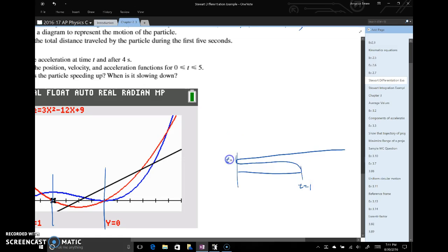This is t equals 3 seconds. This is t equals 0 seconds. Now, the particle moved in one dimension, but we sort of draw this snaky line because we're trying to represent the position of the particle away from the origin along a sort of loose time axis.